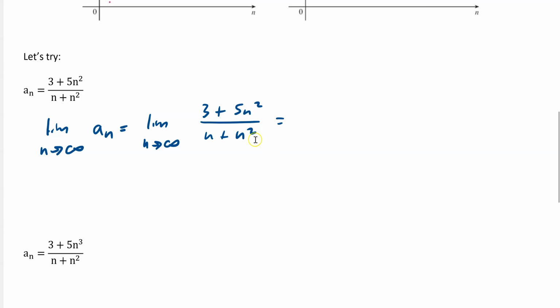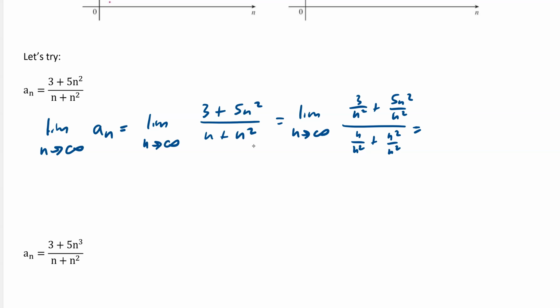We always divide by whatever the denominator is, n squared. So this would be the limit as n approaches infinity of 3 over n squared plus 5n squared over n squared, over n over n squared plus n squared over n squared. Then we reduce. That becomes 1, those cancel and give us 5, and everything else is left as a fraction.